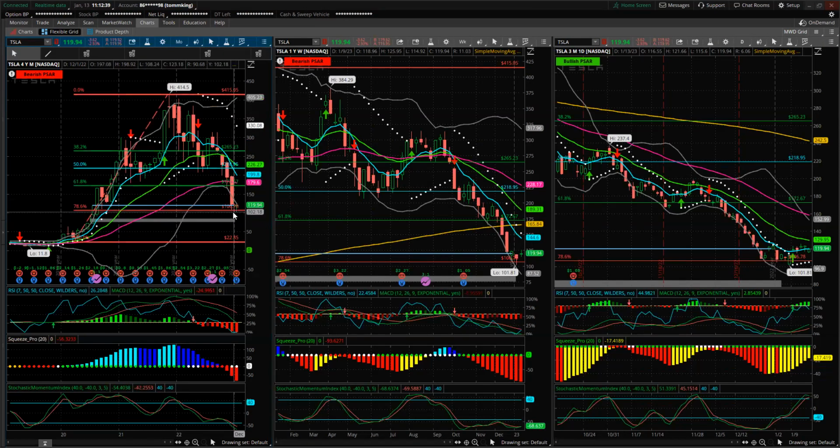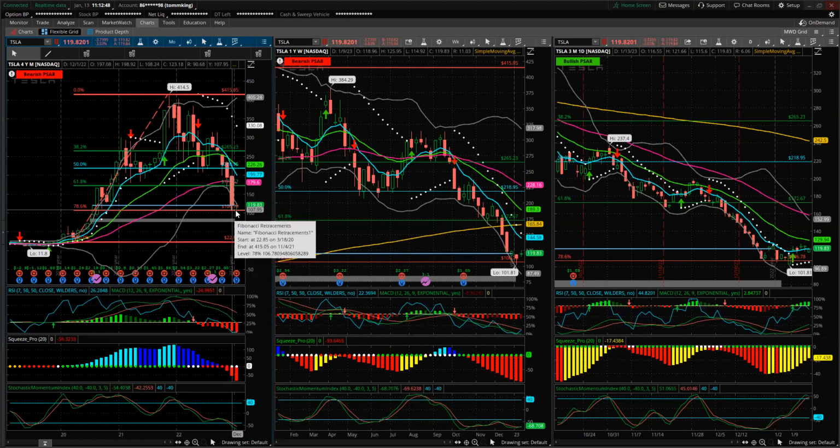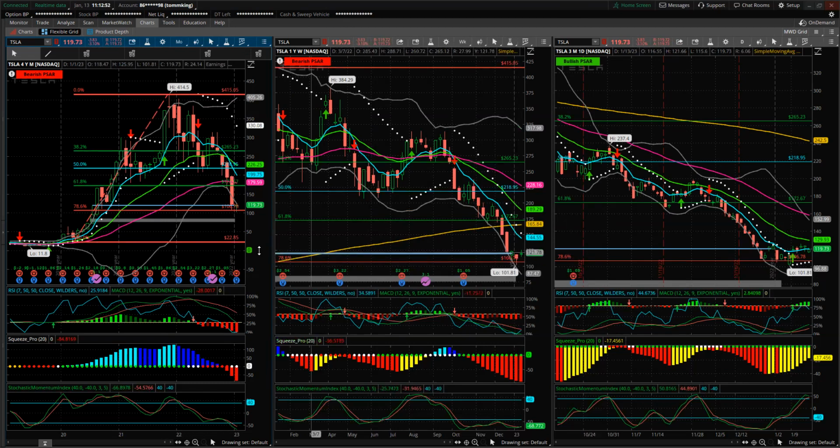So look where we came right down to, by the way, which is this 76. We tried to bounce off the 618, didn't make it. Now we're trying to bounce off the 786. Let's see what happens, but that seems to be holding right now for Tesla. So there's an idea on Tesla of why maybe Fibonacci ratios.